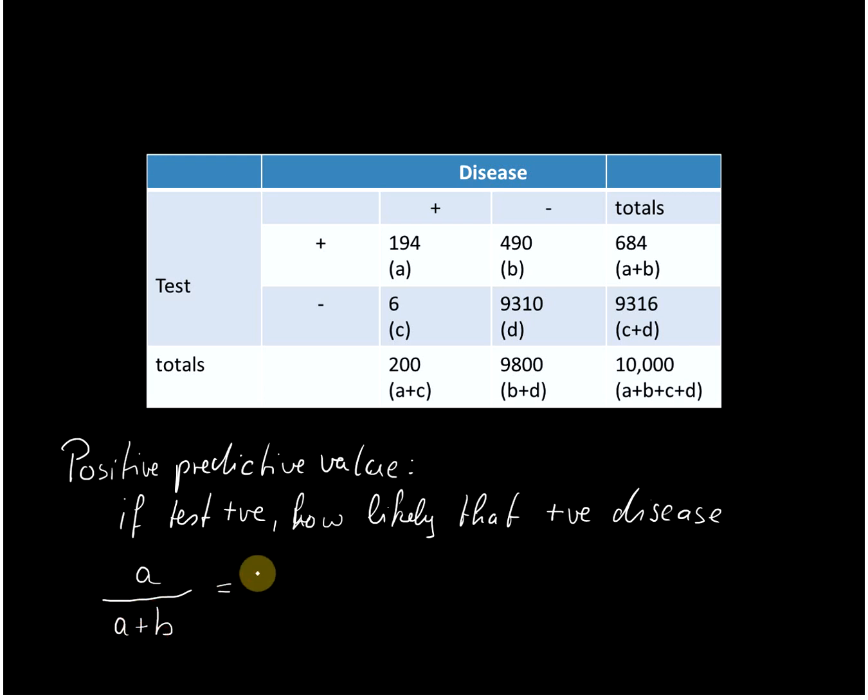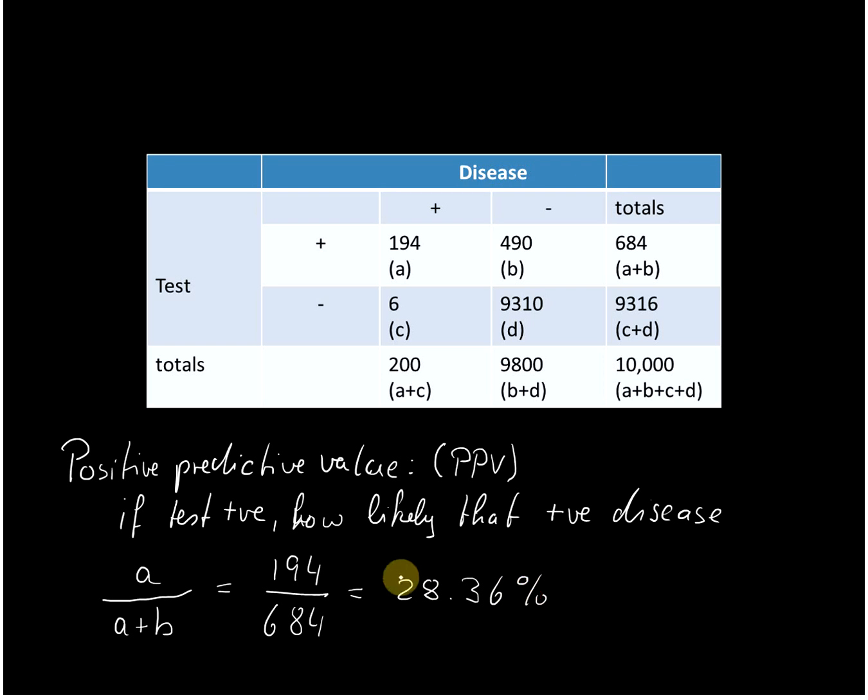And in terms of numbers, it would be 194 divided by 684, which gives us a positive predictive value, which is also abbreviated as PPV, of 28.36%.